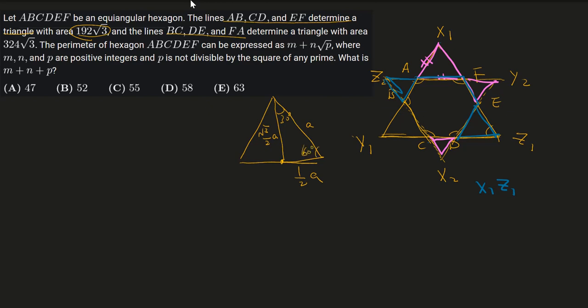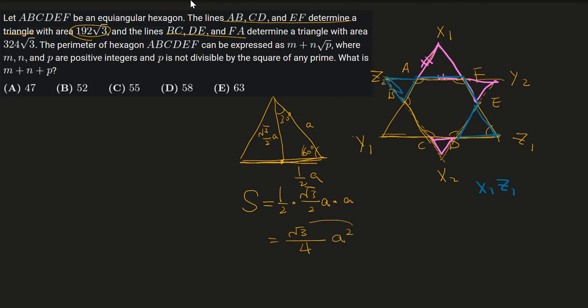So it's very easy to calculate this length. You can either use the Pythagorean theorem or use trigonometry. Then the area of this equilateral triangle equals a half times the height, which is square root 3 over 2 times A, then times the base, that's A. So this equals square root 3 over 4 times A squared.